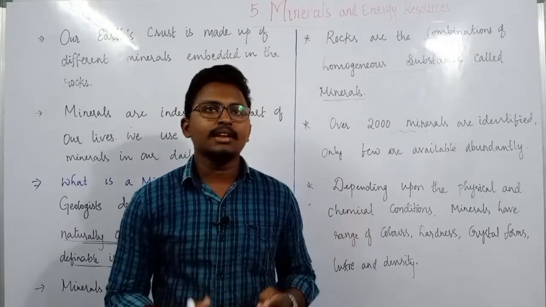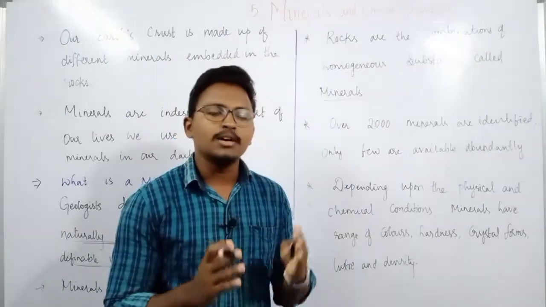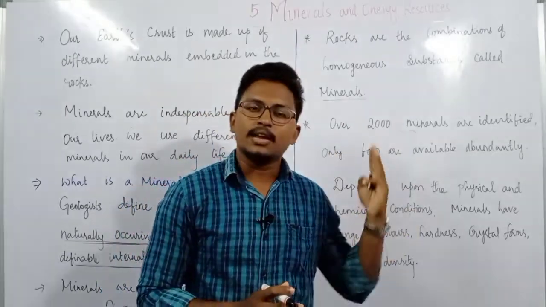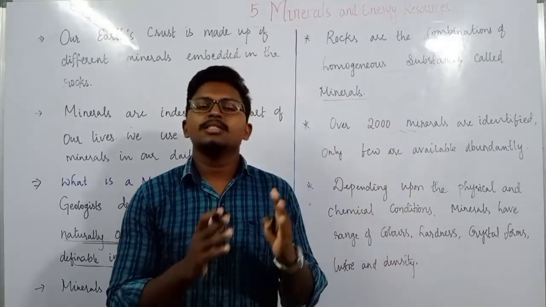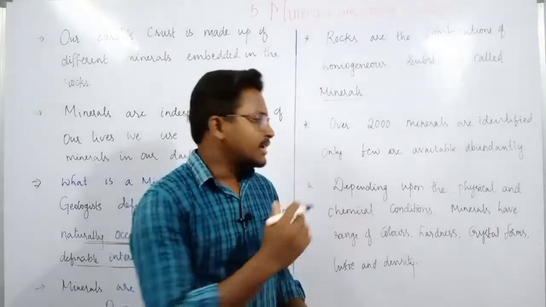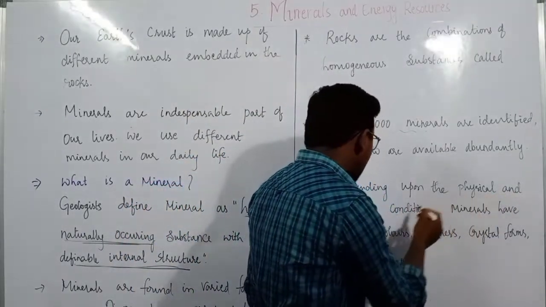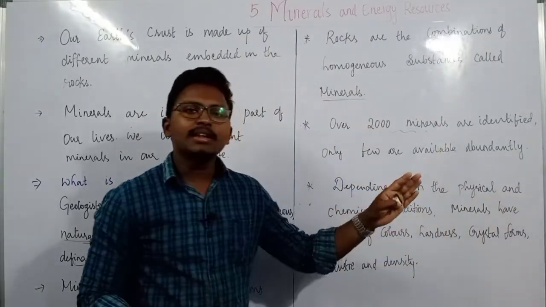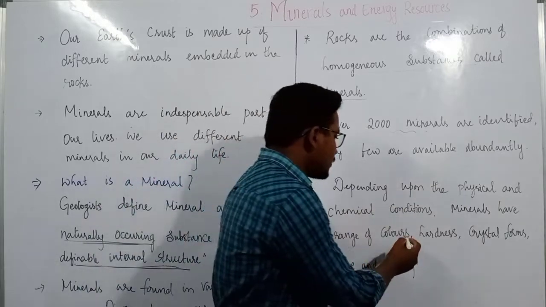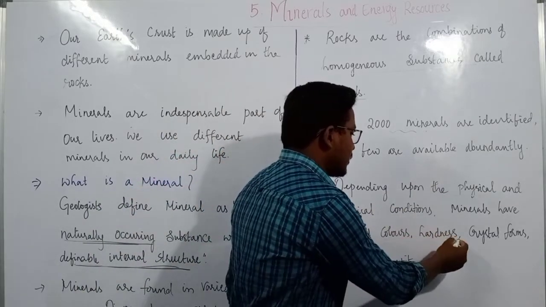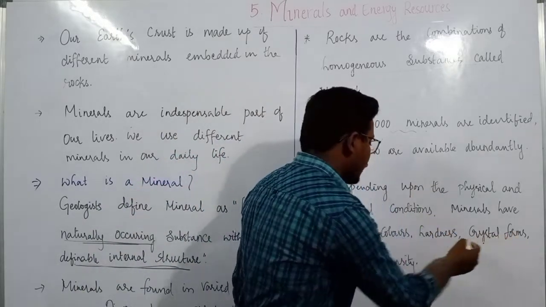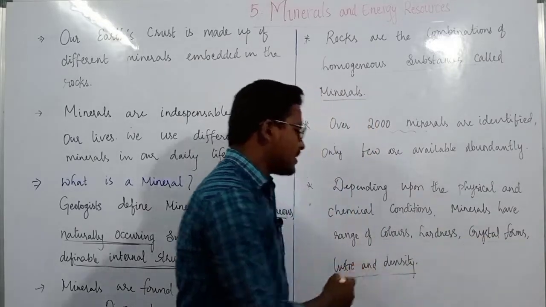We classify them based on the physical and chemical properties, or the chemical conditions under which the minerals are formed. Depending upon these physical and chemical conditions, minerals will have different colors, hardness, crystal forms, luster as well as density.